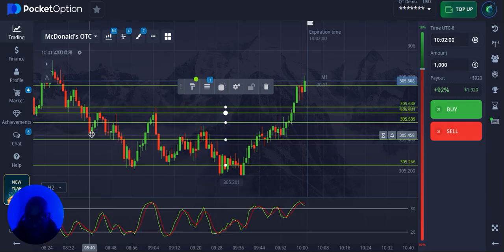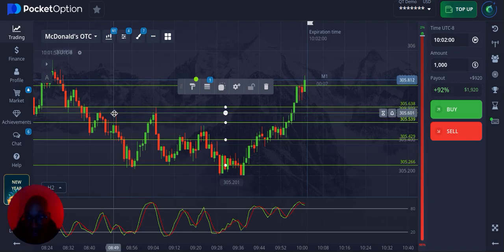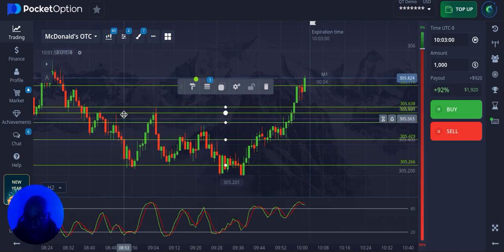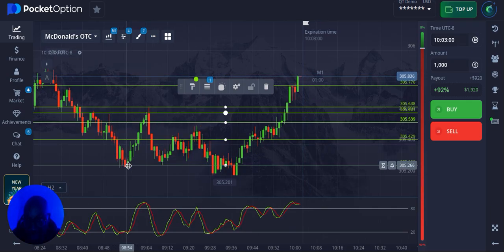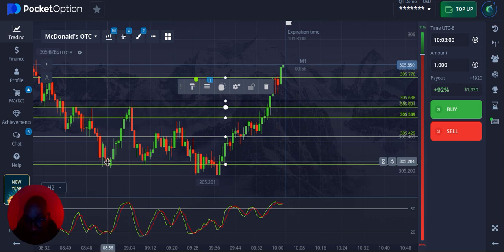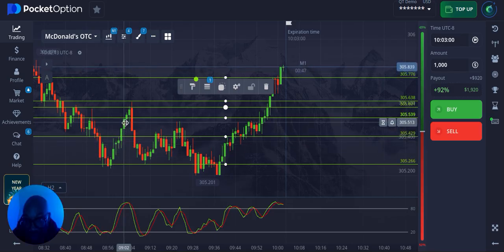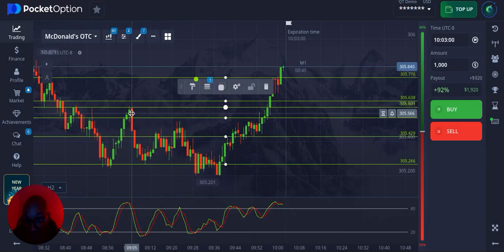But either way, you can see how price is reacting off of these zones. Wick entry, come and retest, and now we're selling off to the next zone. Right?